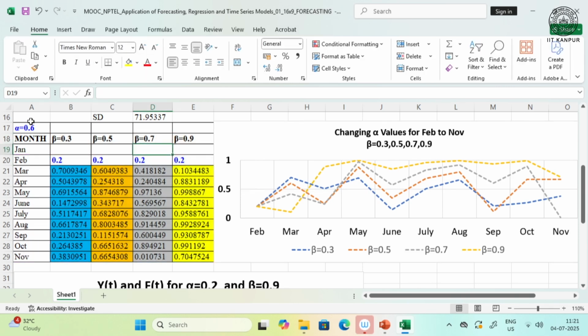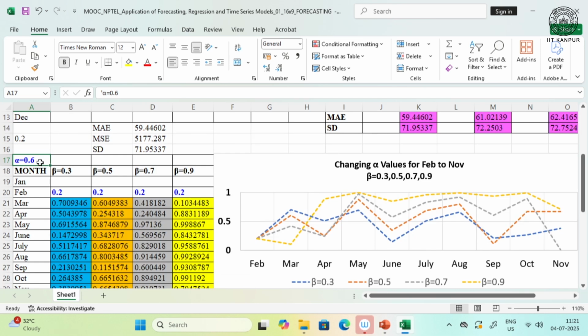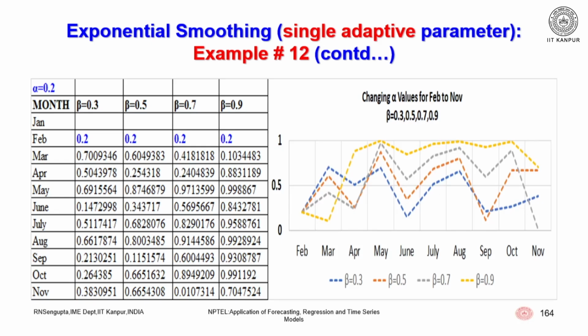Now, the question would be, can I do it for this alpha 0.2? Yes, because based on that only we have done the starting value. So, the question can be, can I keep changing alpha, keep changing beta and generate such graphs? Answer is yes, and this is what we are going to check. Let us go back to the Excel sheet. The Excel sheet shows here the starting value of alpha 0.2 and it keeps changing beta.